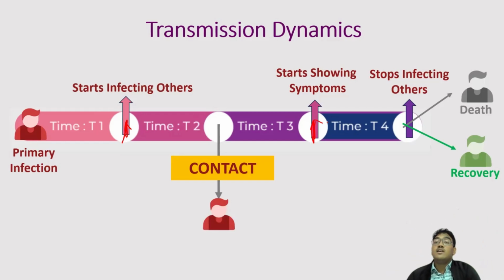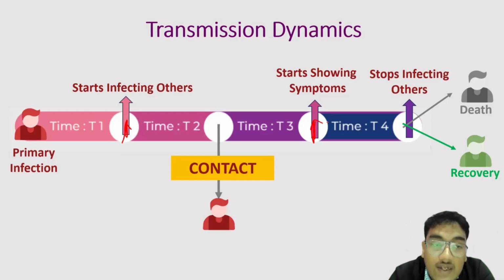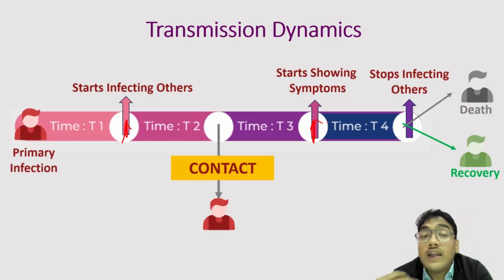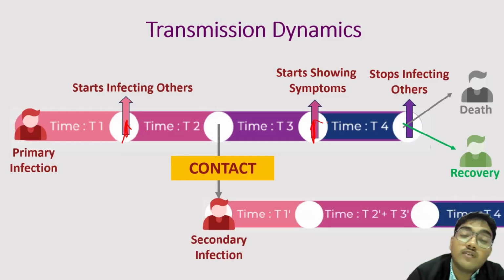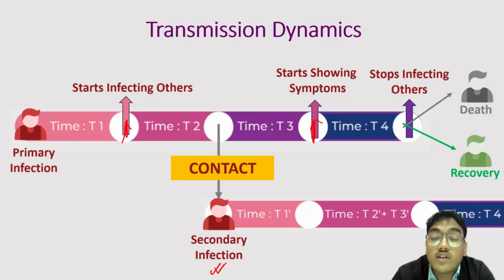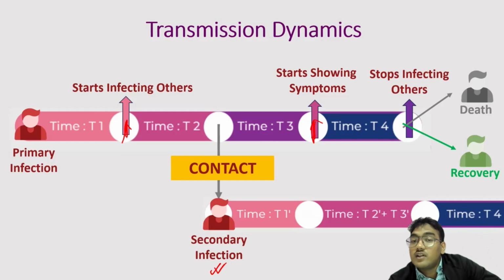So contact is the event of a susceptible host coming in the vicinity of or interacting with an infected person. Owing to this contact, this person will now become a secondary infection, if the pathogen is sufficiently infective.